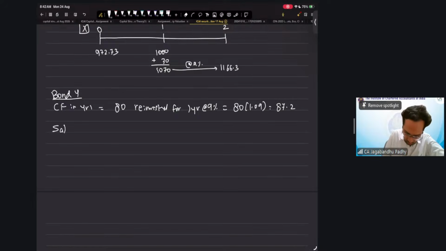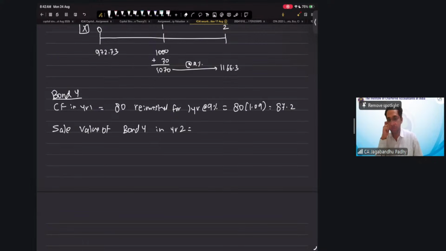Also, can you tell me what will be the sale value of bond Y in year two? By the end of year two, the bond which originally had a tenure of 4 years, what will be the remaining tenure? Remaining tenure is 2 years.